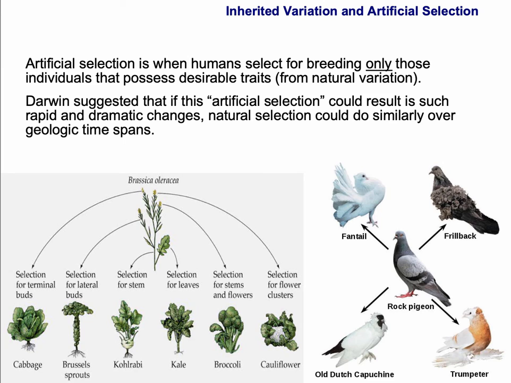So by choosing which individuals would mate and therefore produce the next generation of offspring, humans have selected and amplified these traits that we were interested in, curious about, that we desired for the domestic animals that we use in our life.